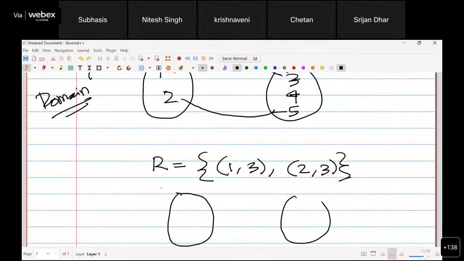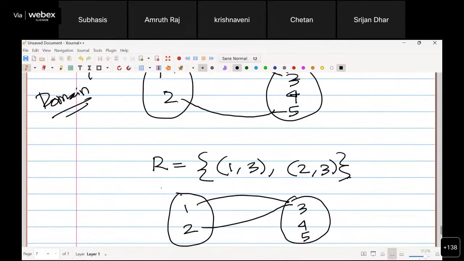Just check. 1 is going to 3 and 2 is also going to 3, but 1 is associated with exactly one element, and 2 is also associated with exactly one element. It's not contradicting the definition of a function.